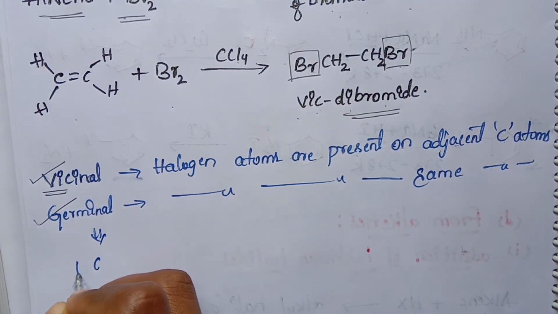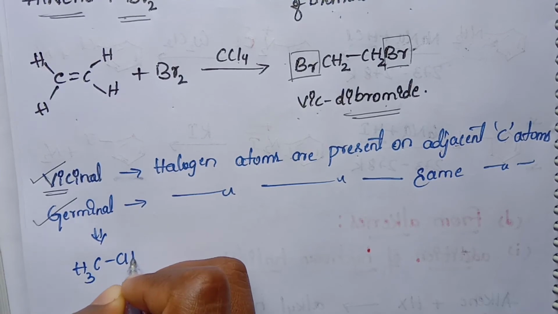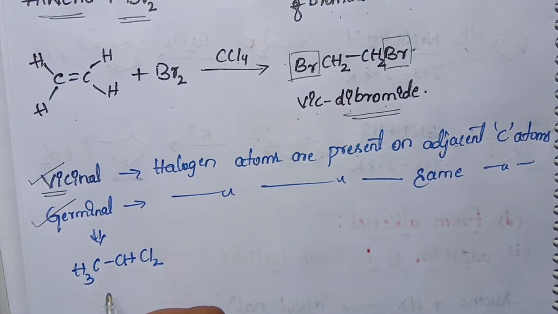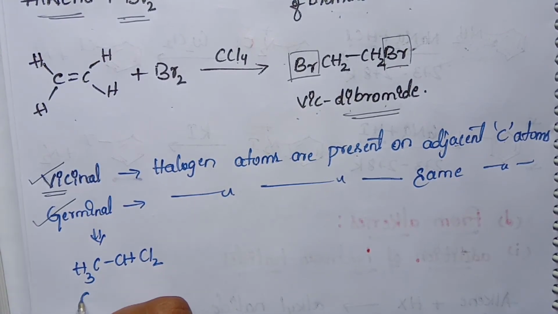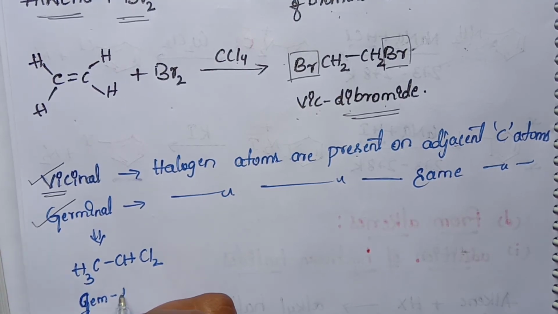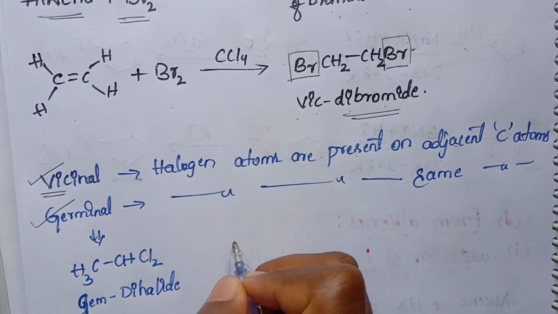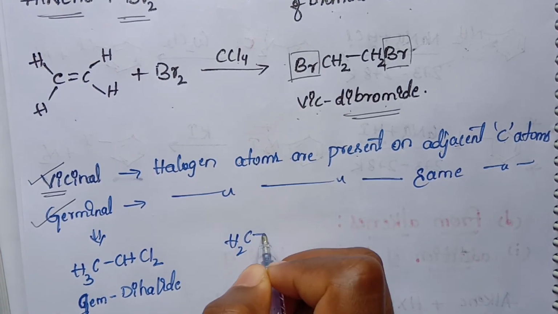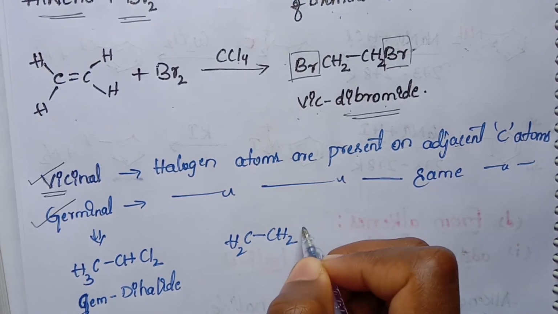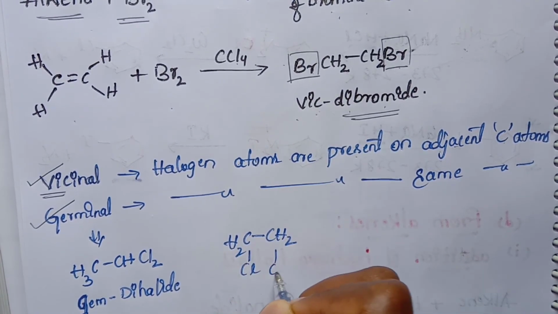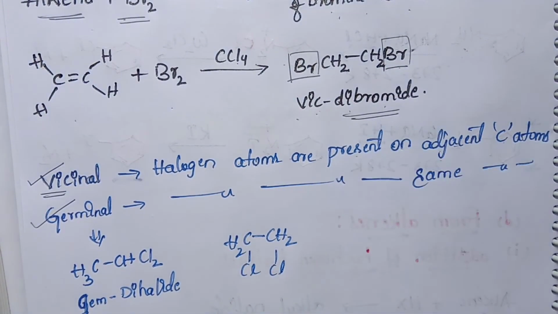compound: CH3CHCl2. This is a geminal dihalide. Simply we write a small g, geminal dihalide. Okay, adjacent means CH2Cl, or in this method also.